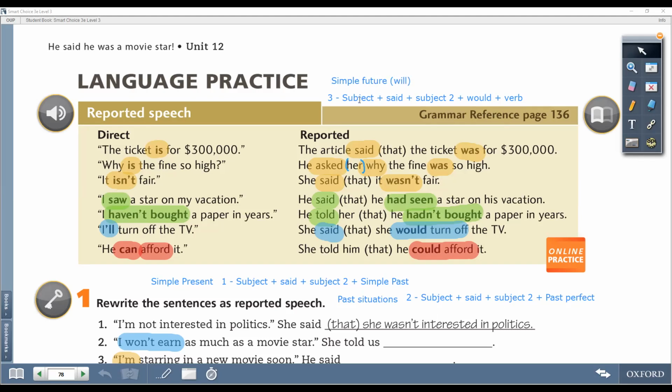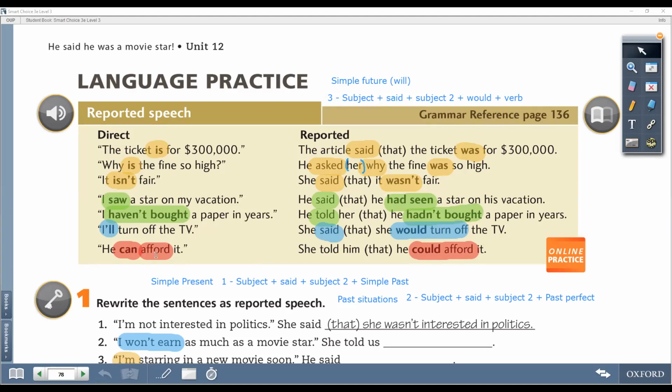Okay, this is what happens when I report a sentence in the simple future. Okay, so I'm going to transform that sentence into a sentence using would. So this is how we go.